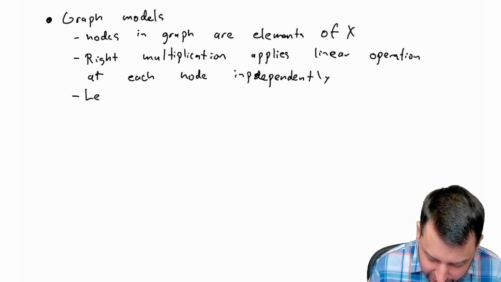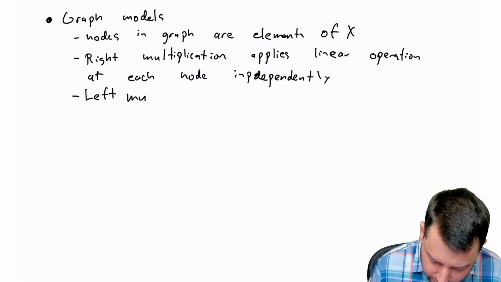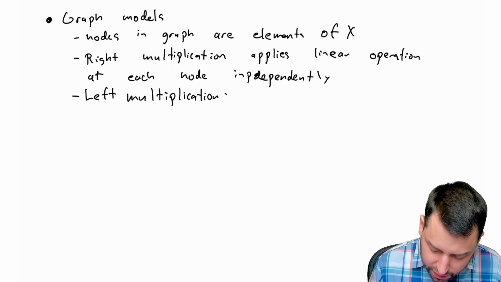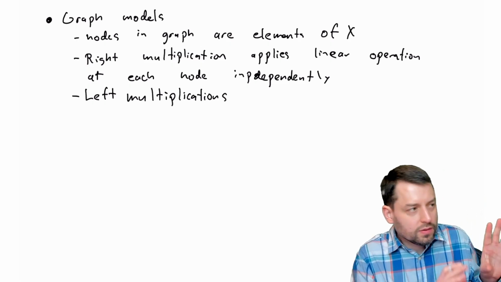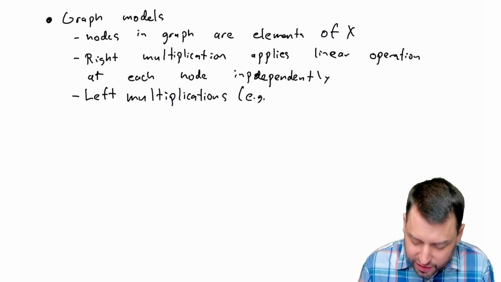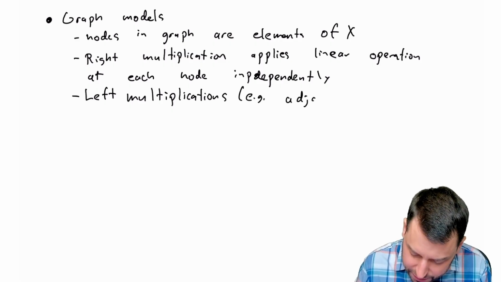And left multiplications, if you have ever seen or done manipulation on graphs before, these are things like the adjacency matrix of the graph.